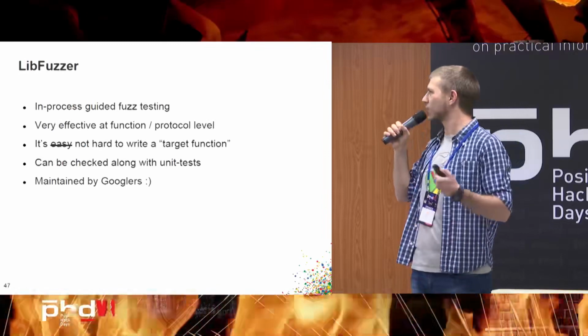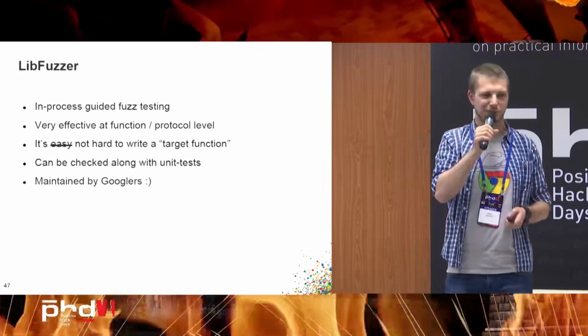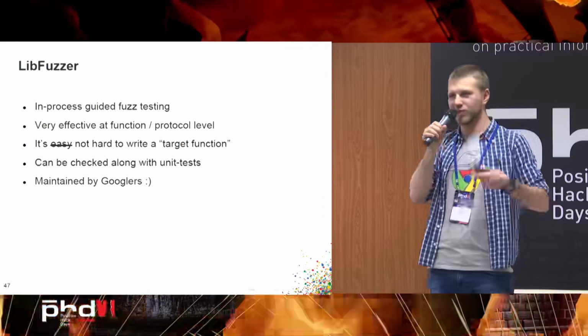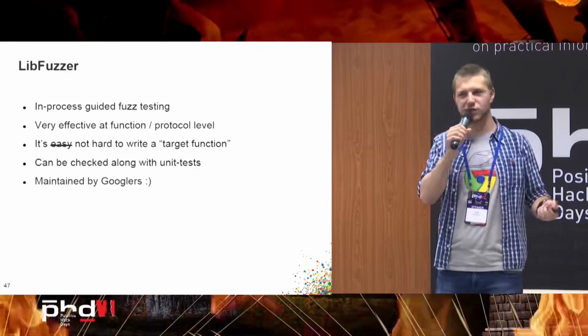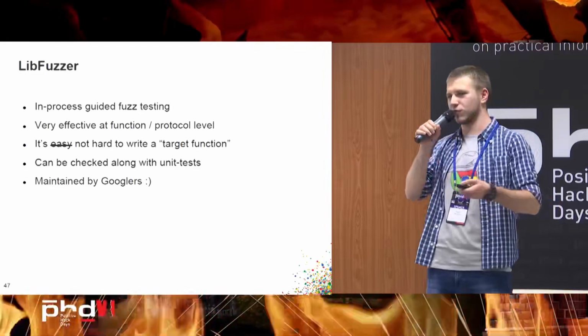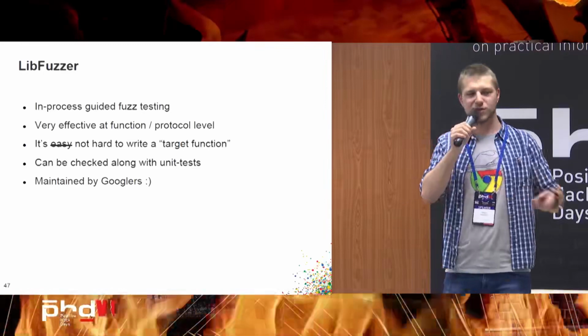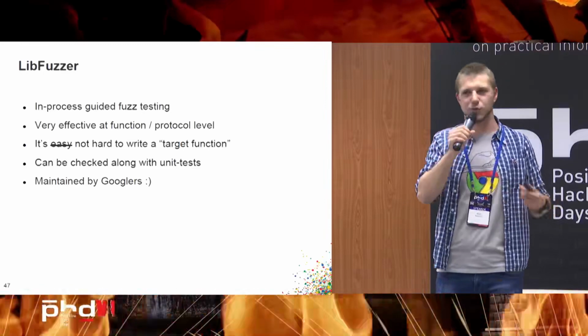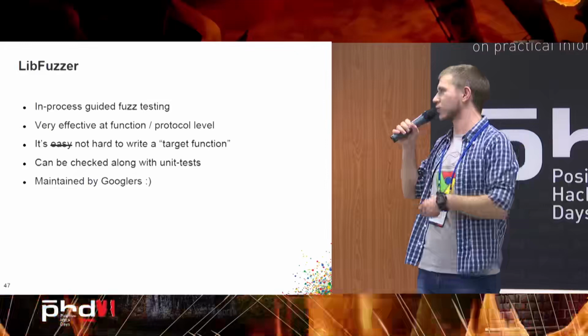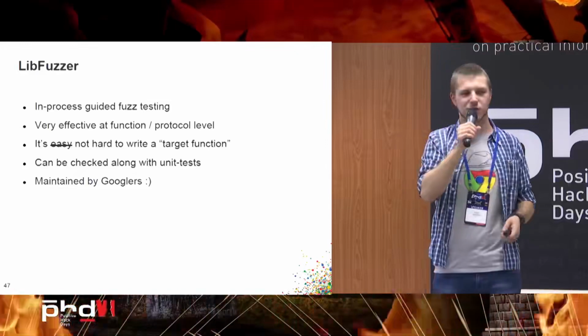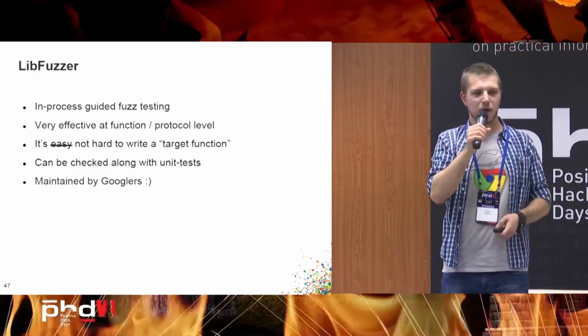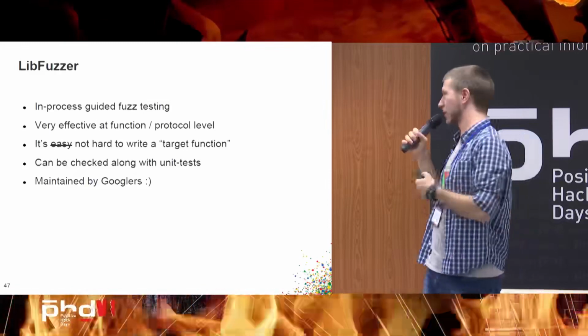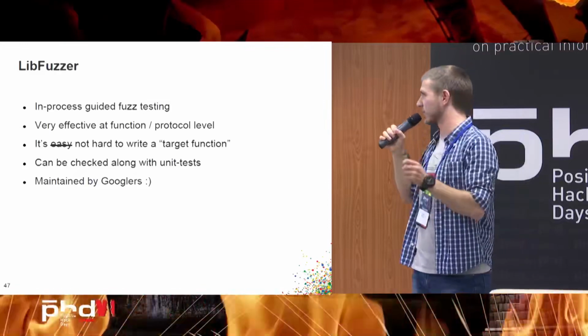So LibFuzzer serves most of these purposes. It works in process, in memory. It won't have to start our target application. So it won't load or switch off the application that is fuzzing. It's actually very efficient and convenient.